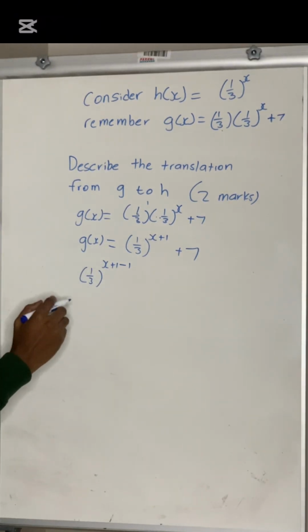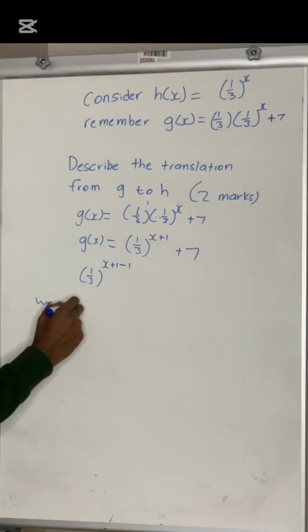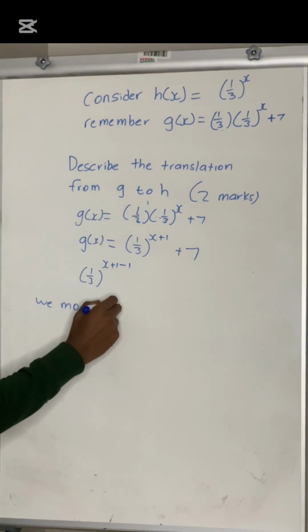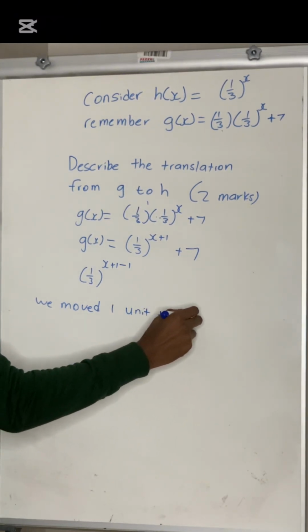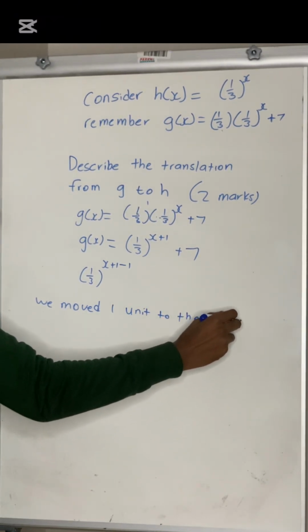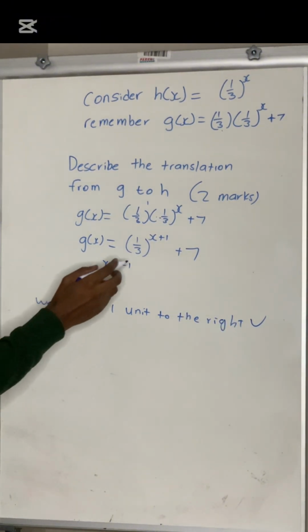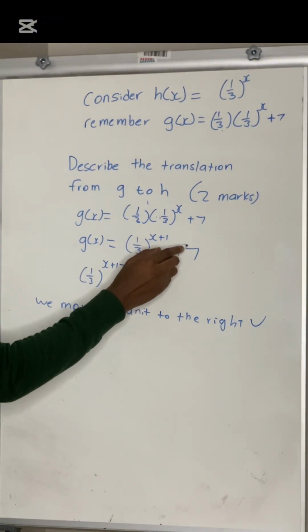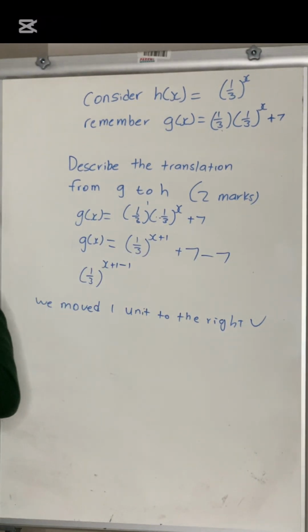So the first translation that happened is we moved 1 unit to the right. That's the first translation for 1 mark. And then in order for us to get rid of this positive 7, we have to subtract 7.